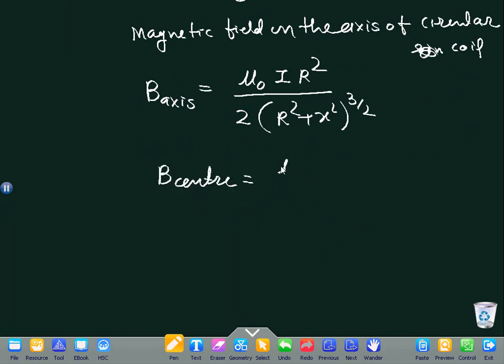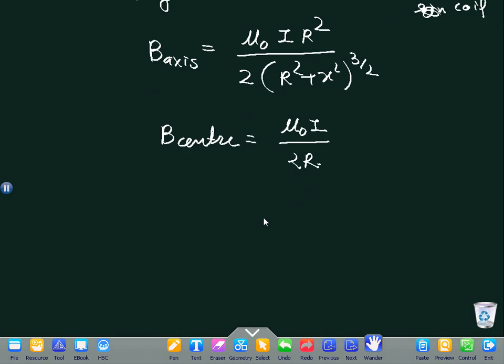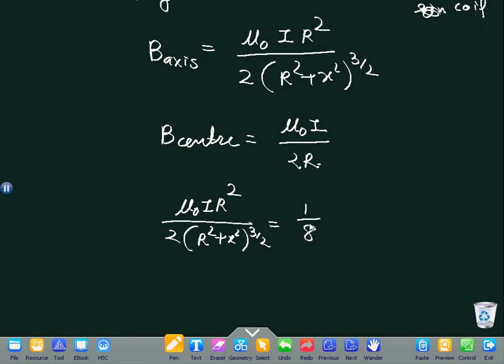At the center it is mu naught I upon 2r. This is the equation. Now put these two equations in the above condition. It is mu naught I r square upon 2 times (r square plus x square) to the power 3/2 is equal to 1/8 times mu naught I upon 2r.